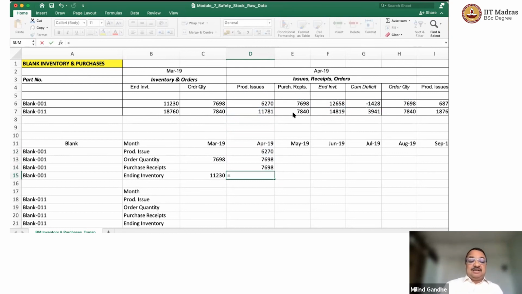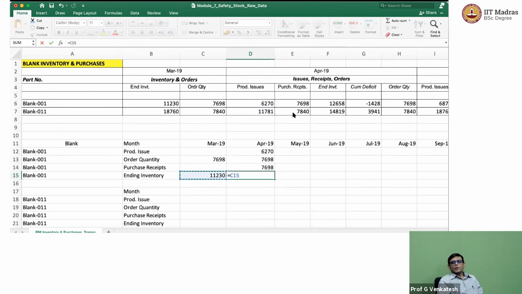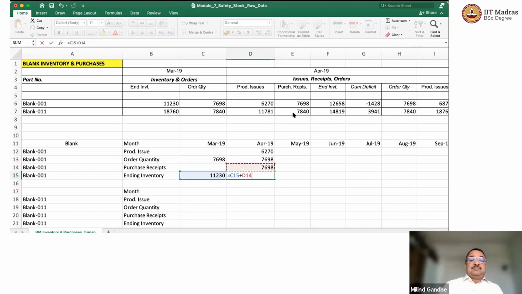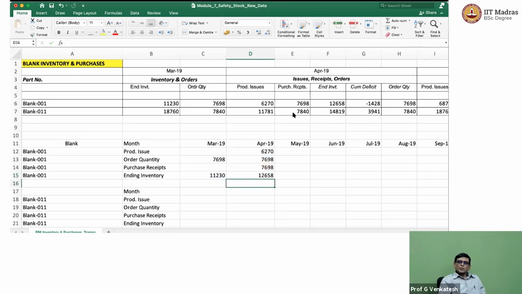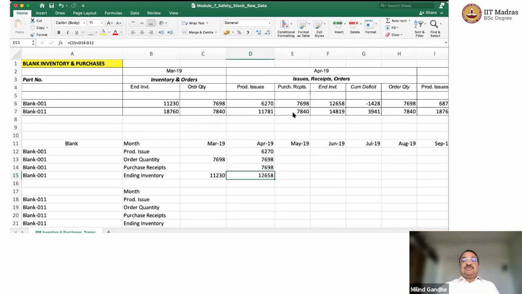And the ending inventory, just as a check, what we can do, GV, is we can say add and subtract. It is ending inventory of the previous month plus purchase receipts minus production issue. It is 12,658, and it matches the data that Shiv had given us.